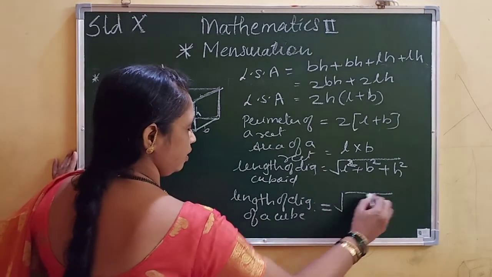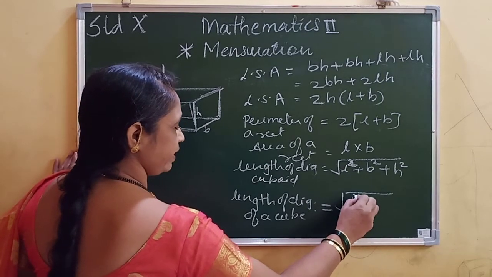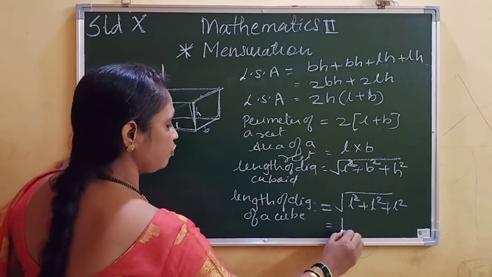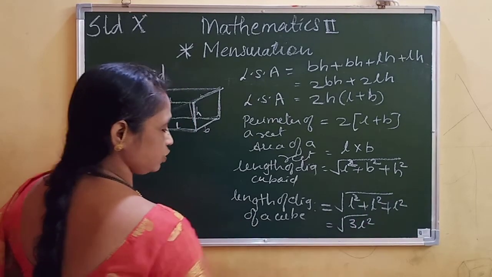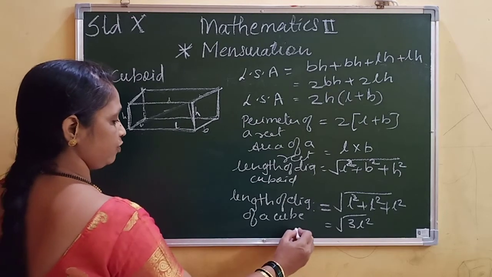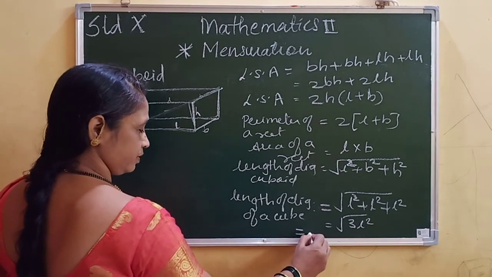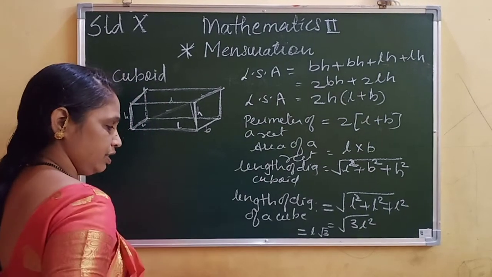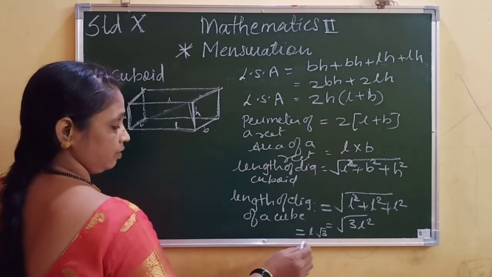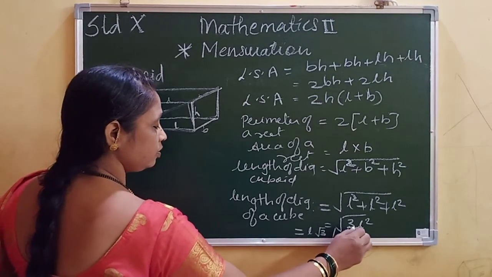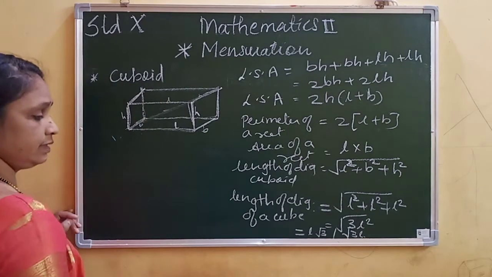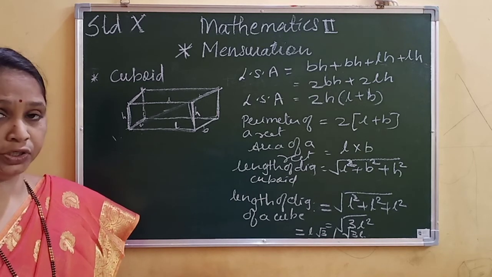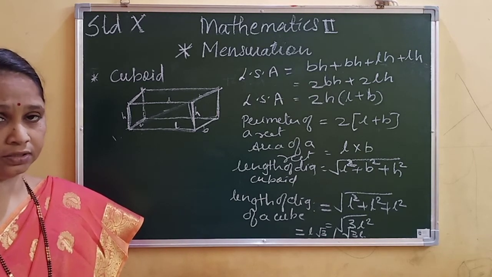Length is also L, breadth is also L and height also L. So it will be 3L square, which means the length of the diagonal will be under root 3 into L. That is the length of the diagonal of a cube.